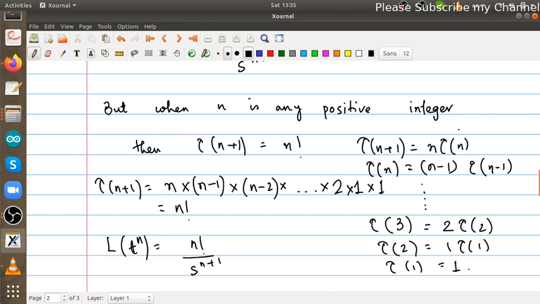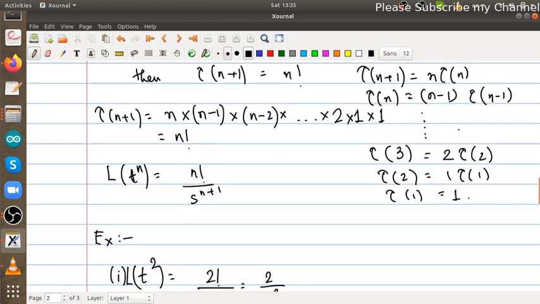So the equation becomes n into n minus 1 into n minus 2 into n minus 3, and goes on into 2 into 1, which is n factorial. So now the Laplace transform of t to the power n, if n is any positive integer, is n factorial by s to the power n plus 1.